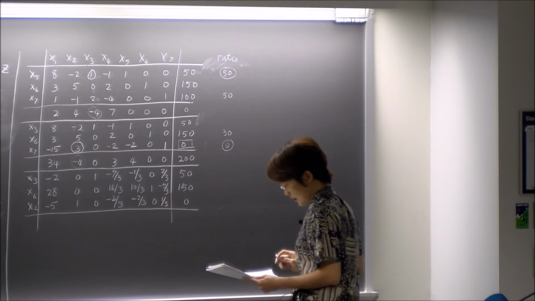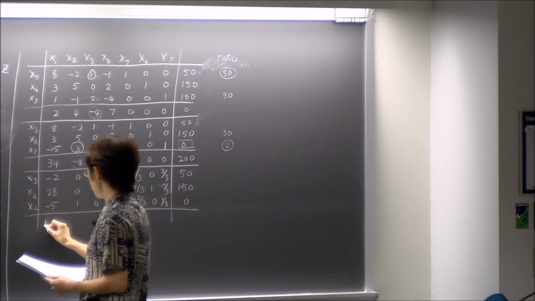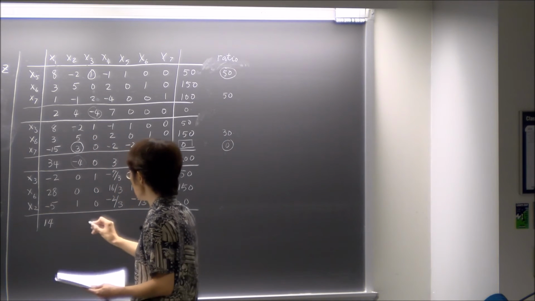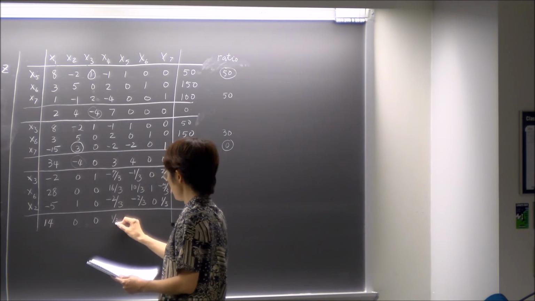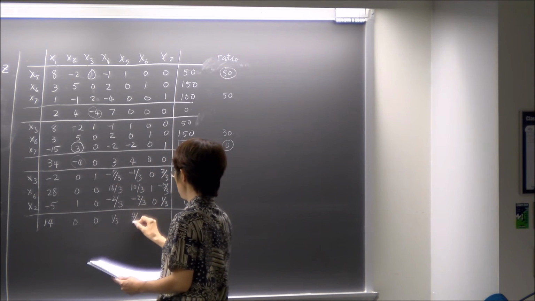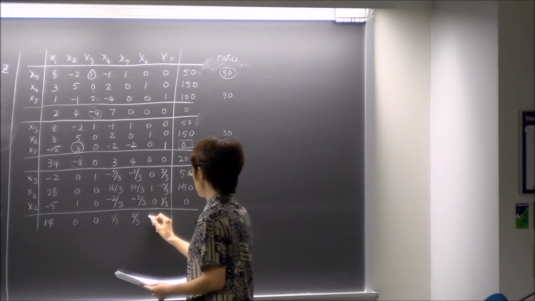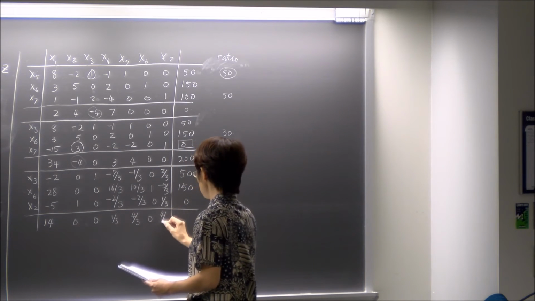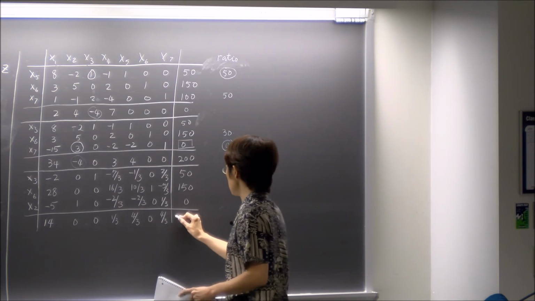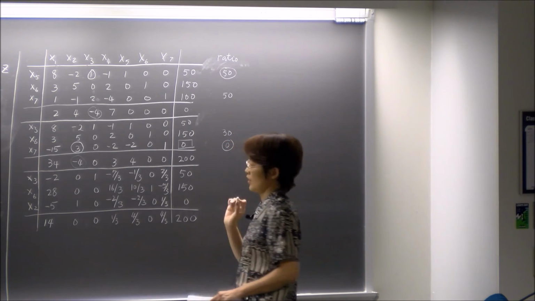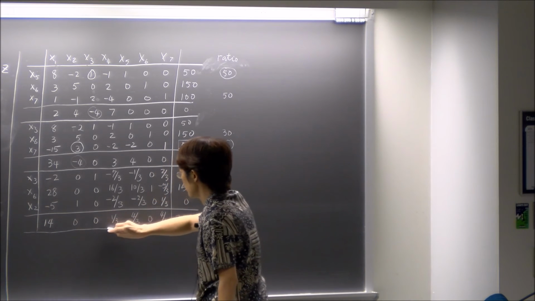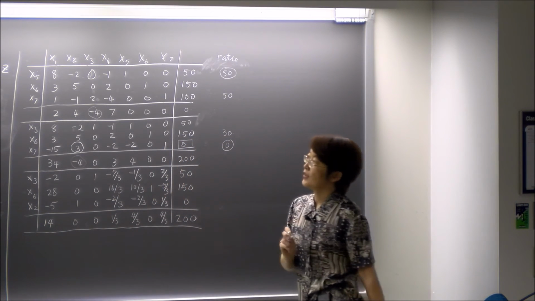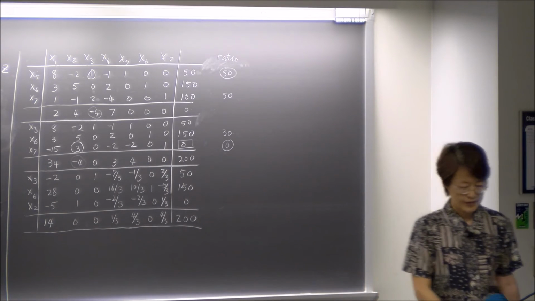So that's the constraint, and then the objective function is changed into 14, 0, 0, 1/3, 4 over 3, 0, 4 over 3, and 200. So that's the third tableau that I have.